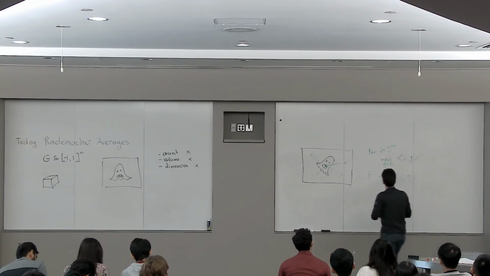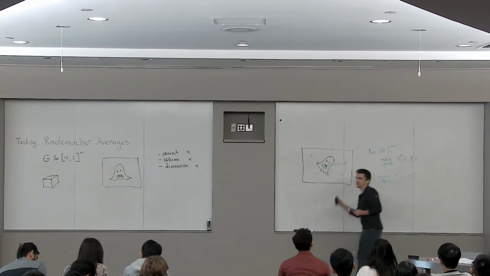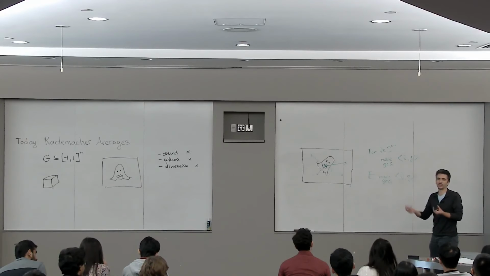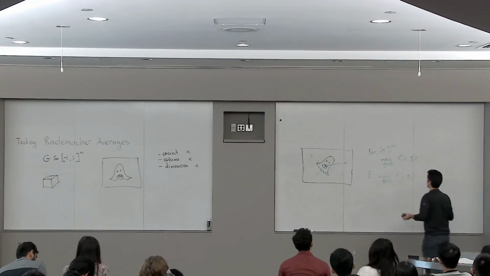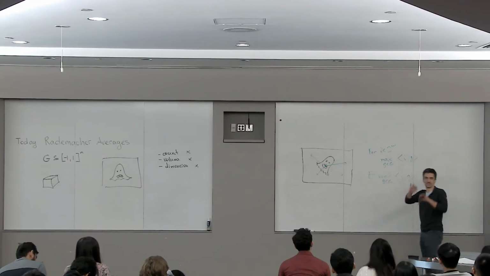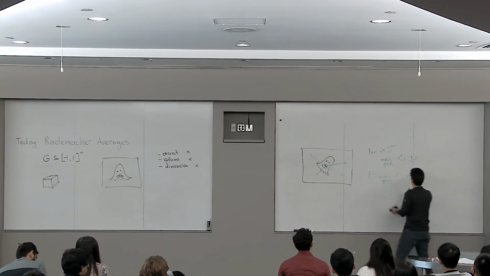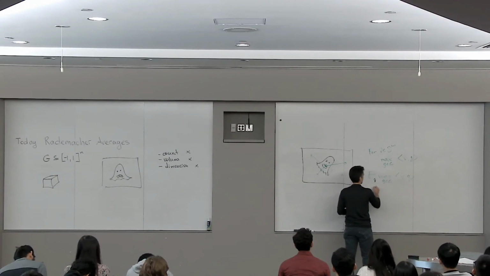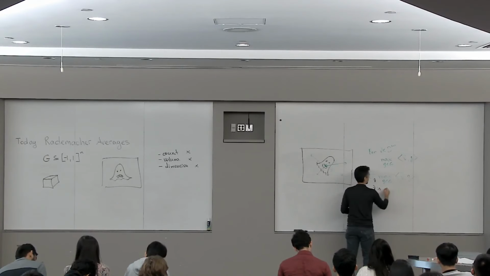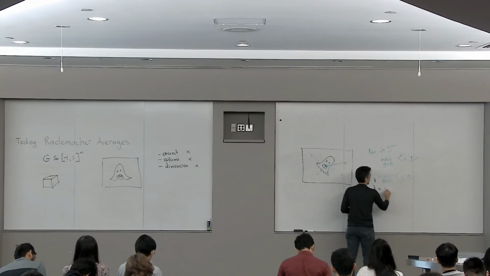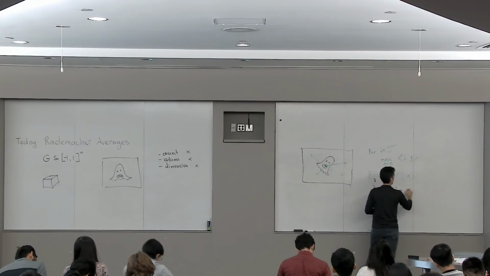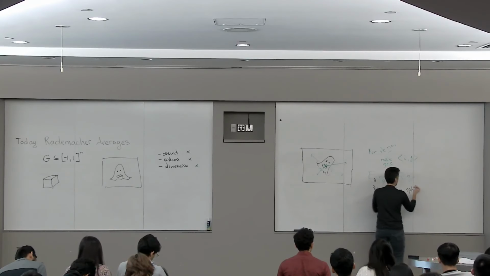Now, instead of a sphere, let me use a Gaussian, because a Gaussian behaves kind of like a sphere. It's symmetric. So now nu is a multidimensional Gaussian, a spherical, isotropic Gaussian.